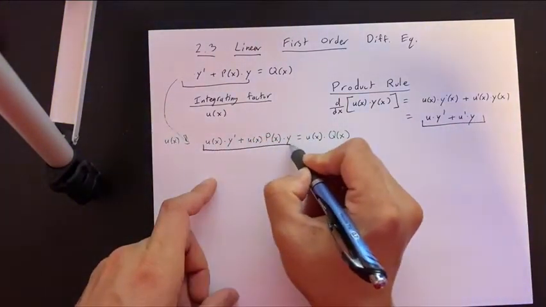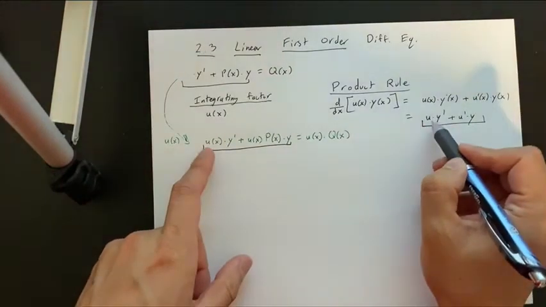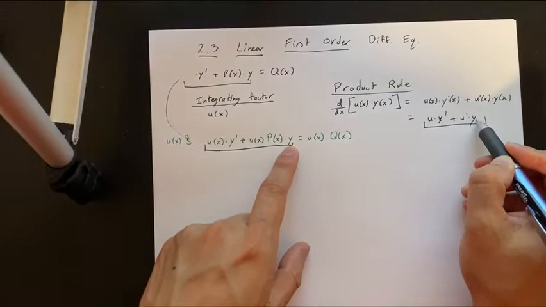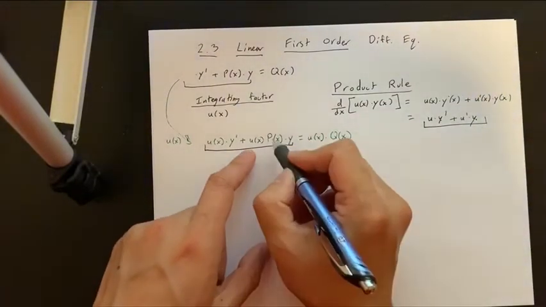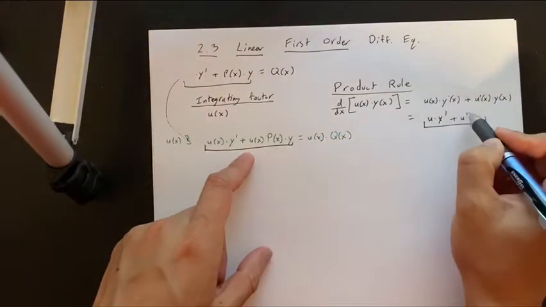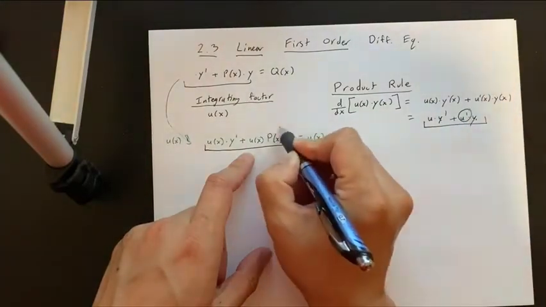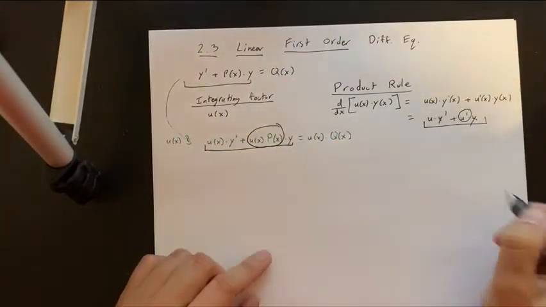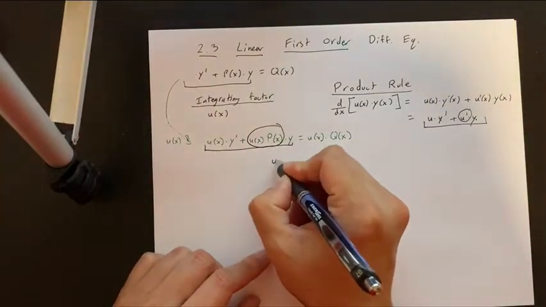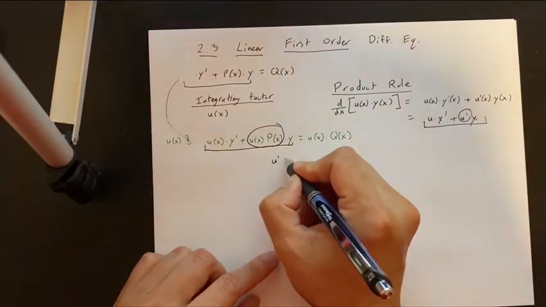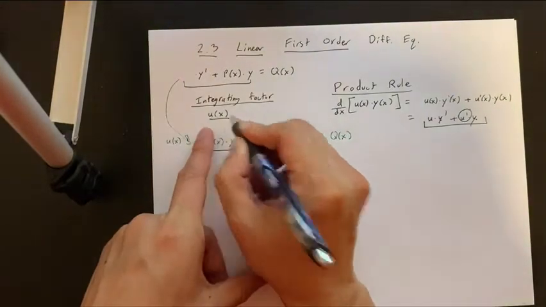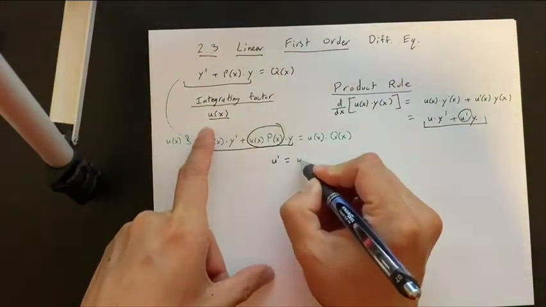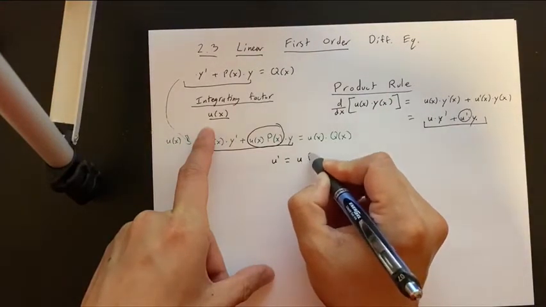If they are indeed the same thing, then here I have u, I have y prime, I have y, and here by process of elimination, I get that my u prime should be this u of x times p of x. So that's another clue on what this u of x should be. U of x should be a function such that if I differentiate u, I get u times p of x.